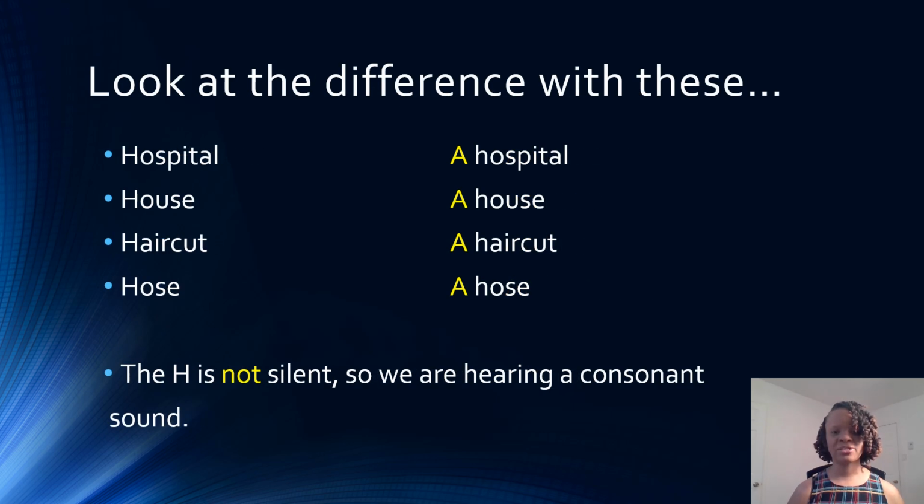Look at the difference with these words. Hospital, house, haircut, hose. The H is not silent, so we are hearing a consonant sound. And in fact, if you put your hand before your mouth and say hospital, house, haircut, hose, you will actually feel the puff of air on your hand.